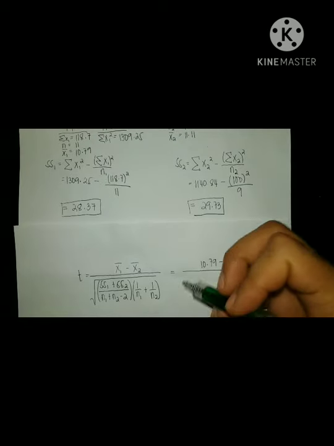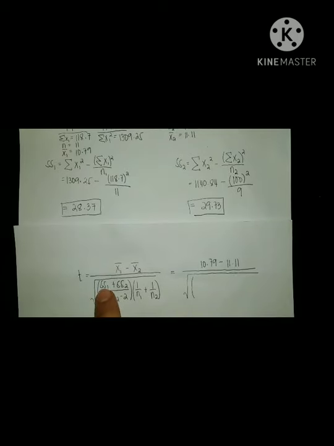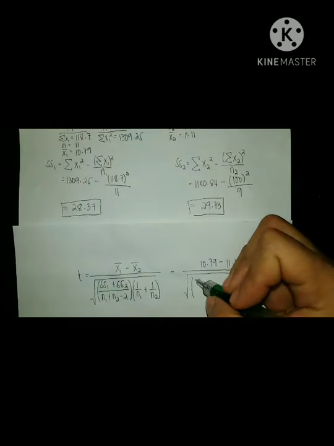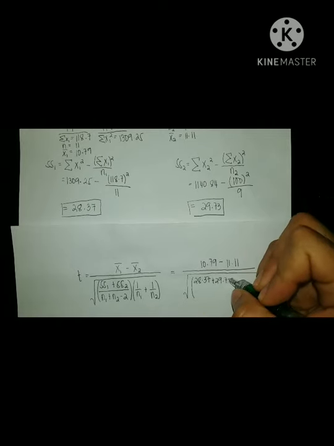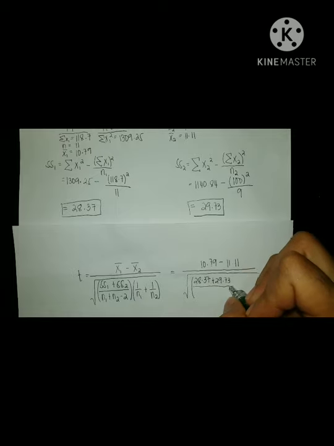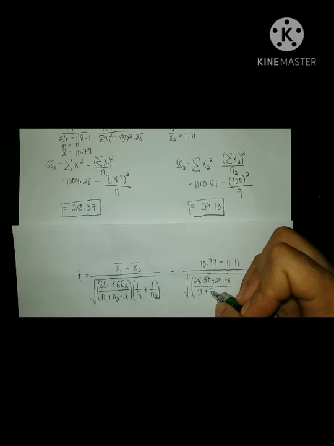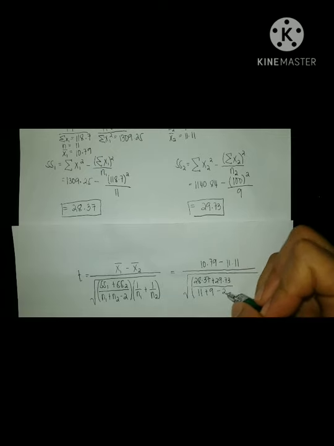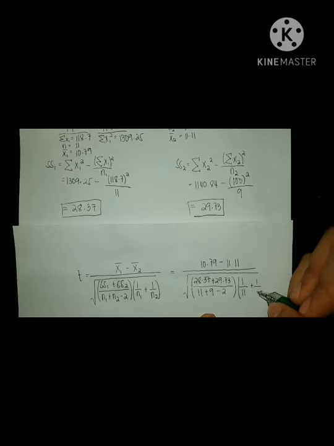Then on the denominator, we have our SS sub 1, which is 28.37, plus SS sub 2, which is 29.73, divided by n sub 1 plus n sub 2 minus 2, times 1 over n sub 1, which is 11, plus 1 over n sub 2, which is 9.